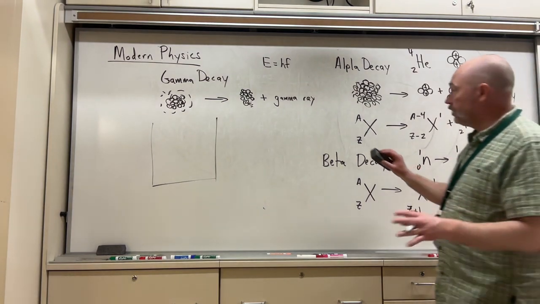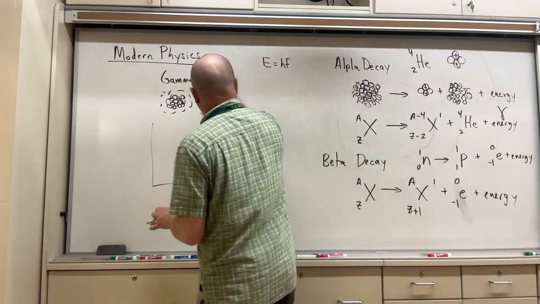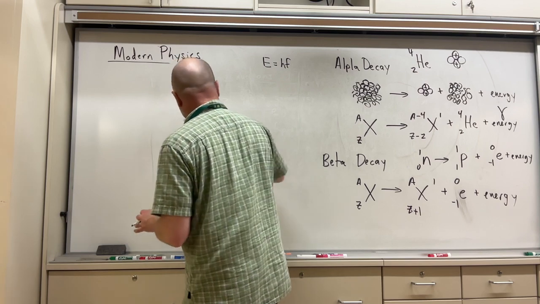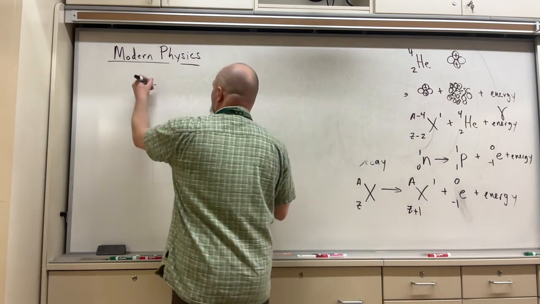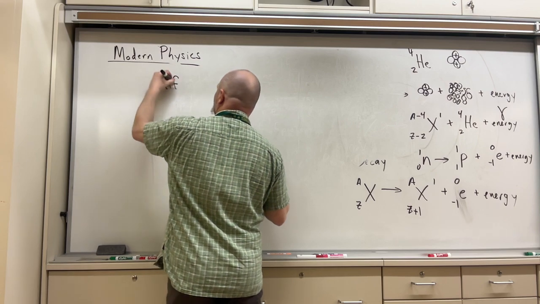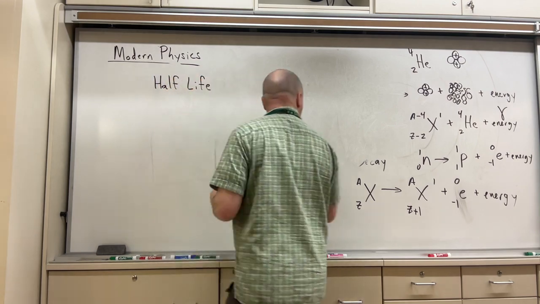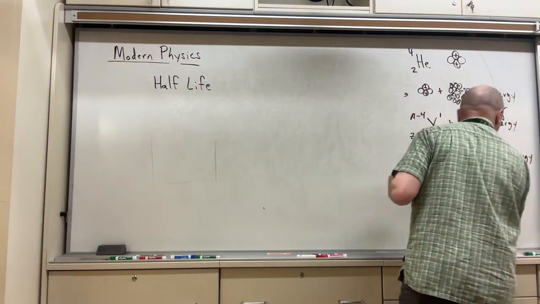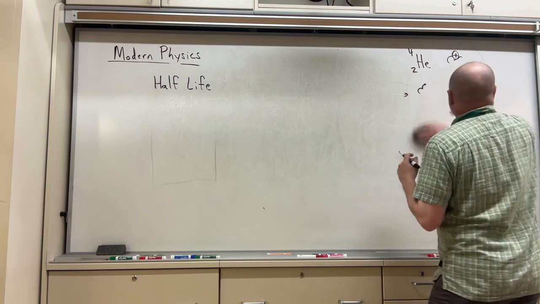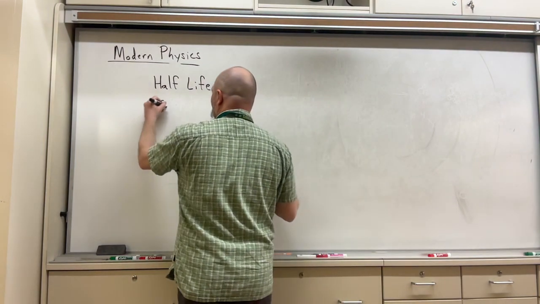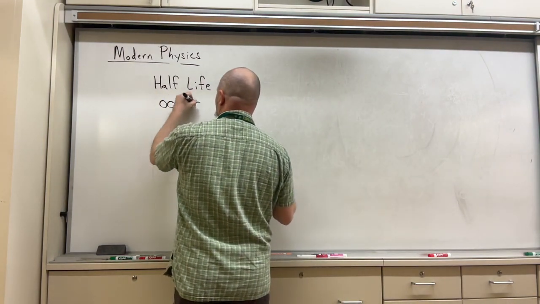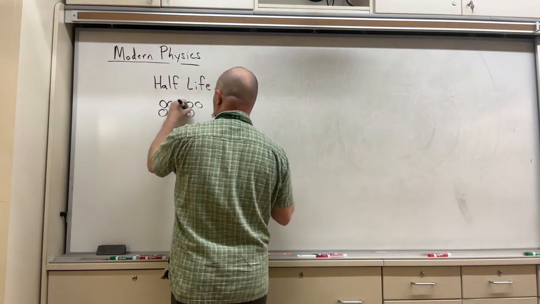The other thing I just need to mention to you, just so you have it, is actually two more things. We need to talk about half-life. Okay. Half-life. Let's say I have 1, 2, 3, 4, 5, 6, 7, 8, 9, 10.